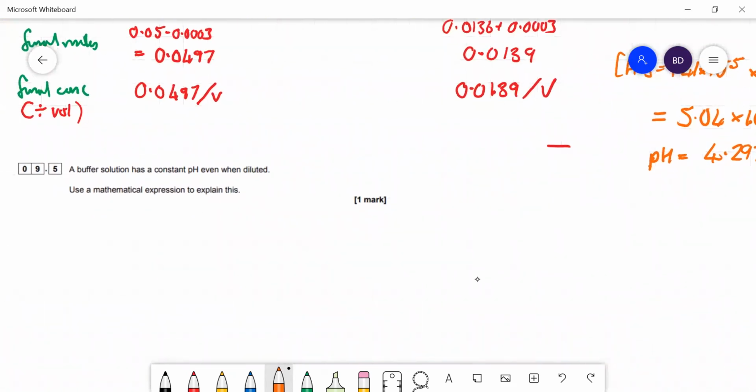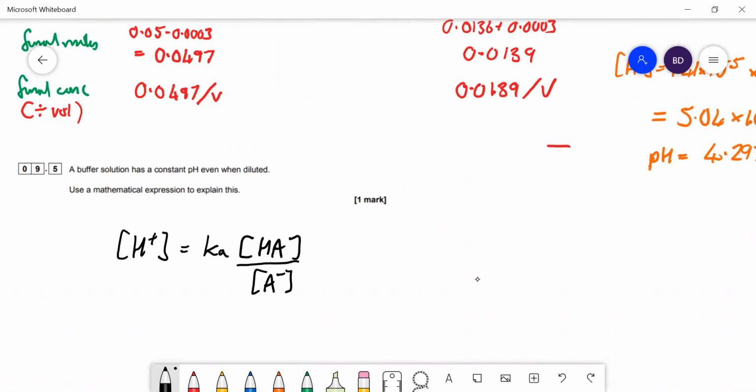A buffer solution has a constant pH even when diluted. Use a mathematical expression to explain that. Well, it's only 1 mark. I would say H plus, we said before, for a buffer is equal to Ka times HA over A minus. What is the concentration of HA? It is equal to the moles of HA over the volume.